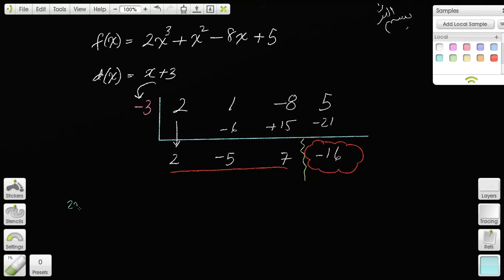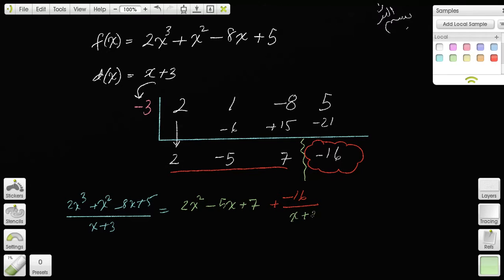So when 2x cubed plus x squared minus 8x plus 5 is divided by x plus 3, the resultant answer is going to be the quotient, which is this here, 2x squared minus 5x plus 7, and the remainder is going to be negative 16 over the divisor, which is x plus 3, like this.